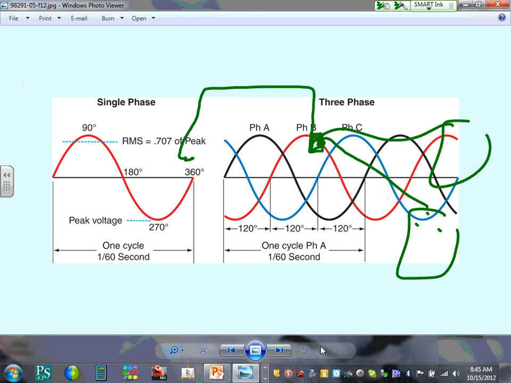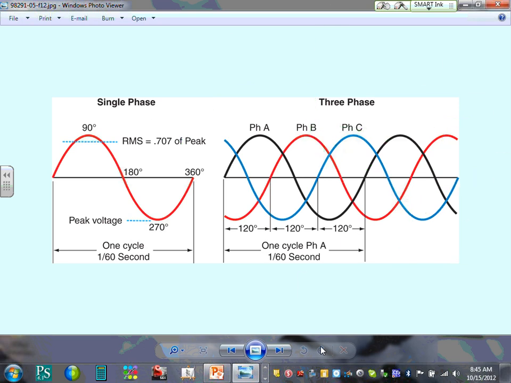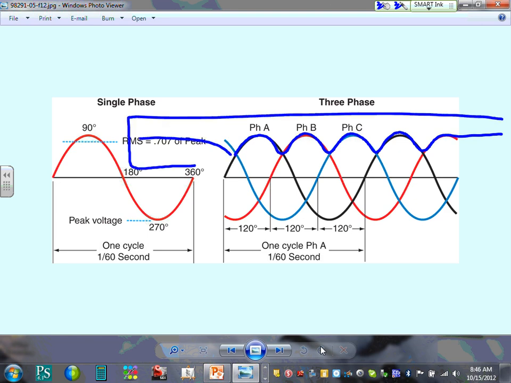This is just a really nice picture of a three-phase system. When we talk about three-phase system, can you guys see how when you take an RMS value of an AC system, I don't know if you guys can see that, this becomes like this. Doesn't this top look like a DC?